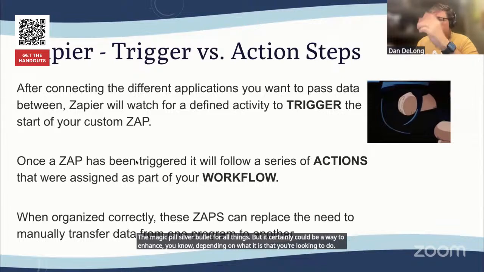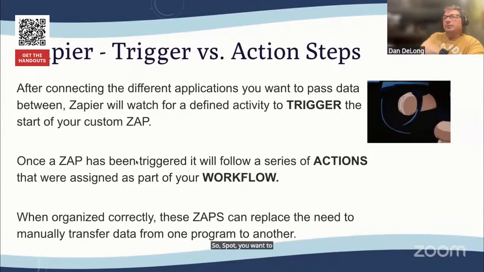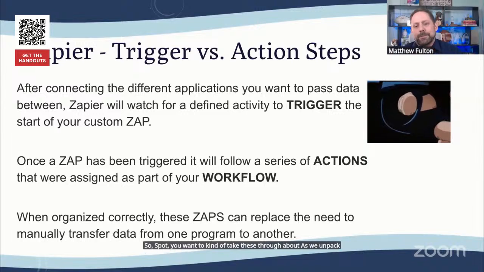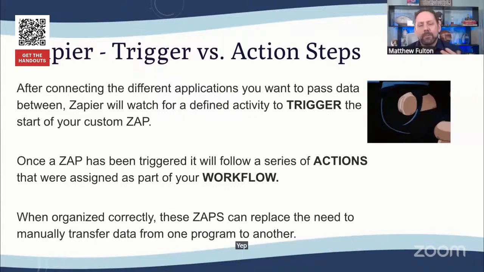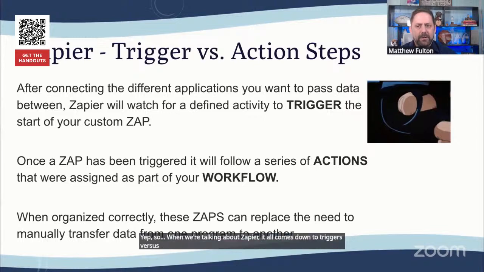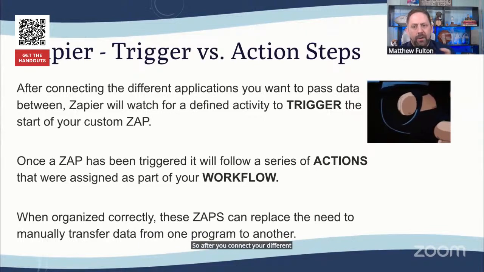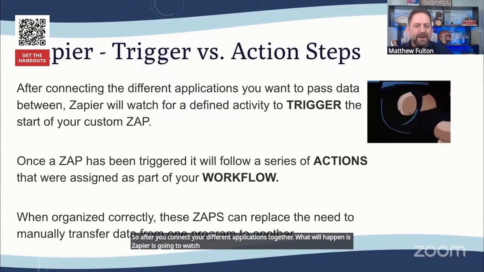So, Spot, you want to take these through as we unpack the overview of Zapier. Yep. So when we're talking about Zapier, it all comes down to triggers versus actions. After you connect your different applications together, Zapier is going to watch for a defined activity to trigger the start of your own custom Zap.